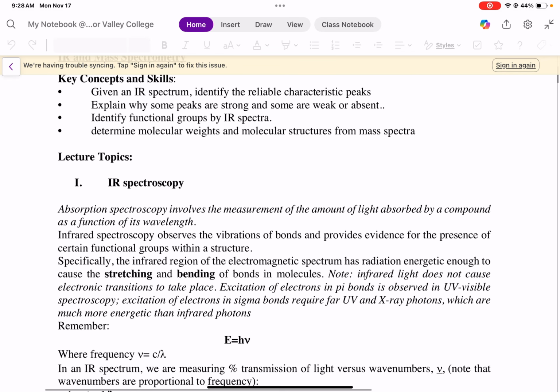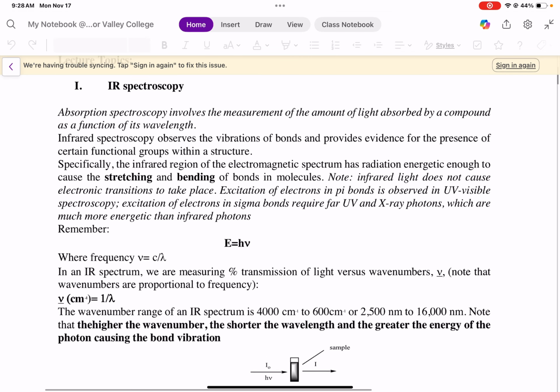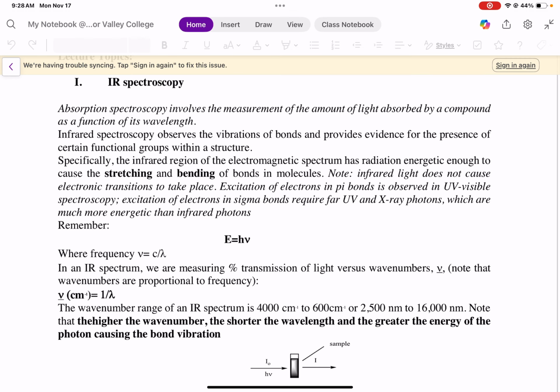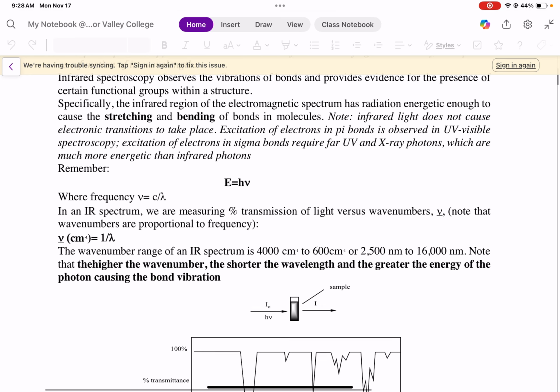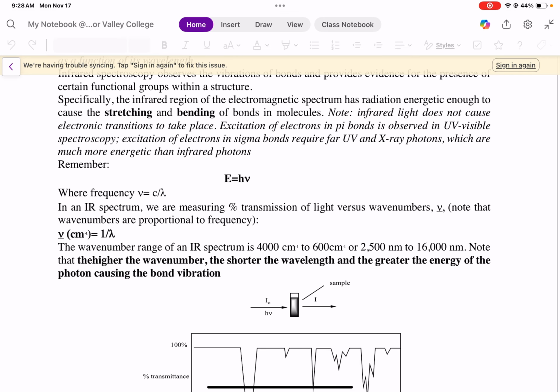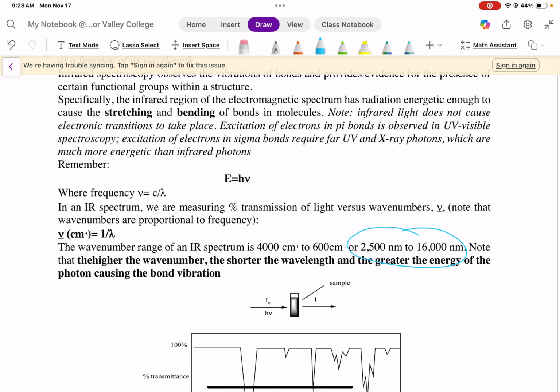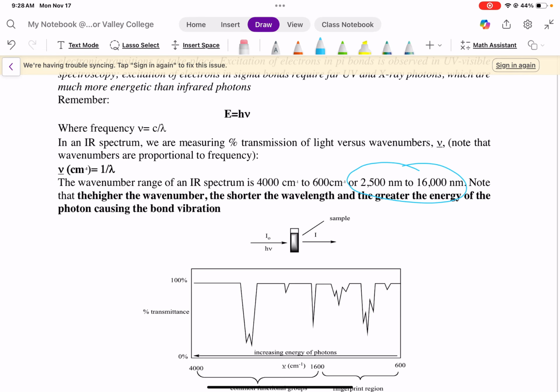Okay, all right, let's start with IR, which stands for infrared spectroscopy. If you look at IR, the electromagnetic radiation spectrum, IR wavelength is from about 2500 nanometers to 16,000 nanometers. So that's not a lot of energy compared to X-ray or gamma, right?